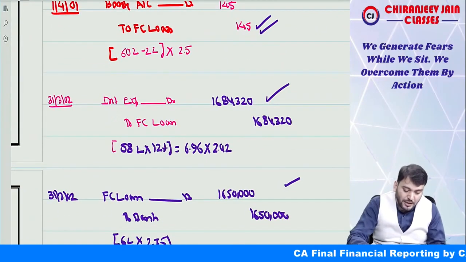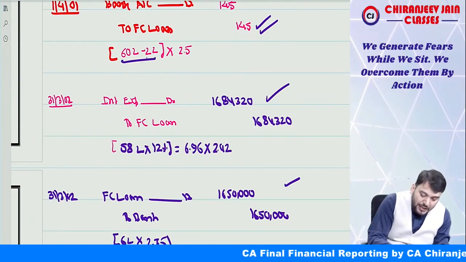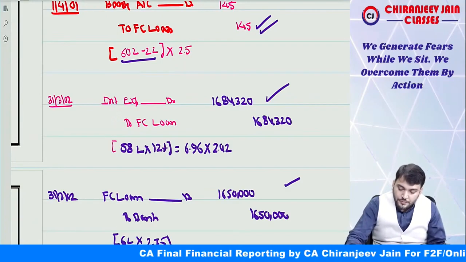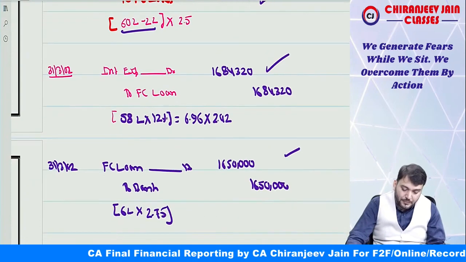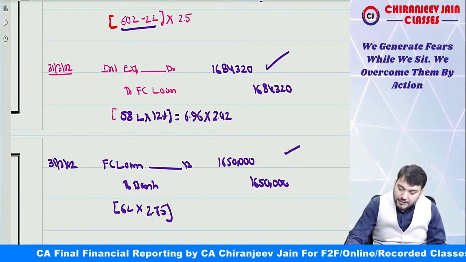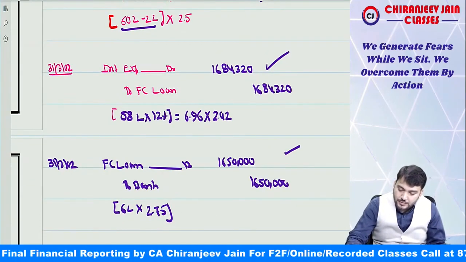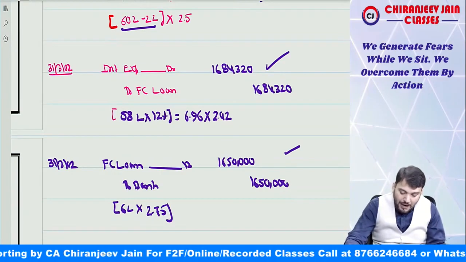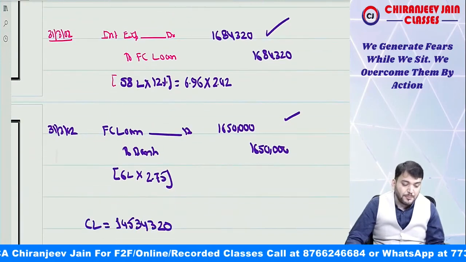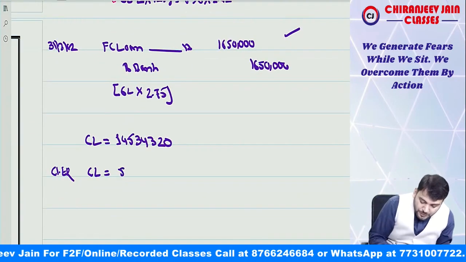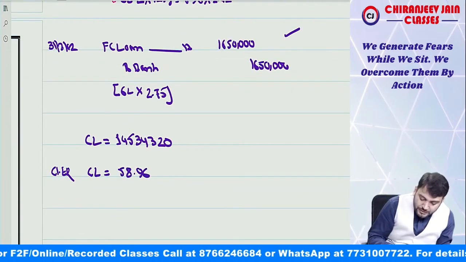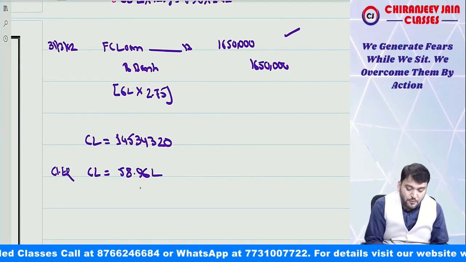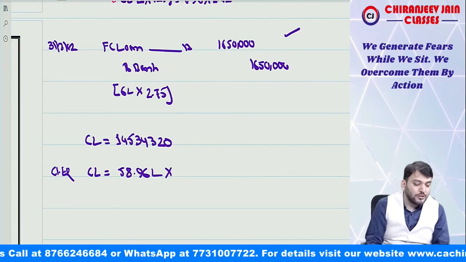So 60 lakh minus 2 lakh is 58 lakh, plus 6.96 minus 6, so it becomes 58.96 lakh. Correct? Understood?